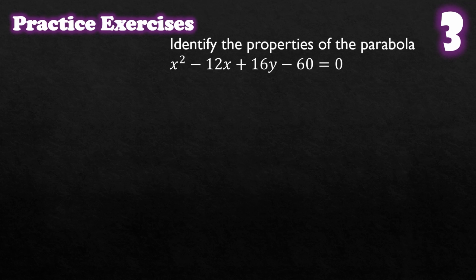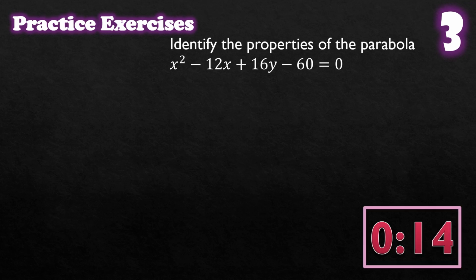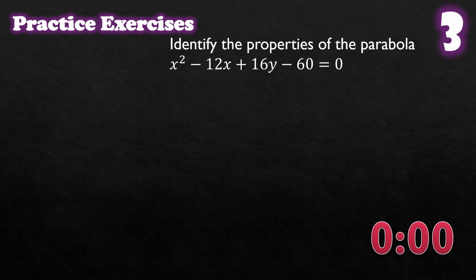Identify the properties of the parabola x^2 - 12x + 16y - 60 = 0. Go. Time is up.